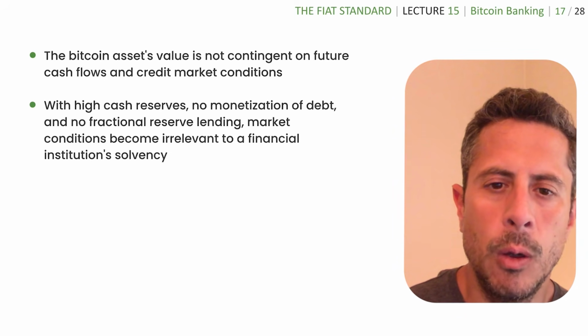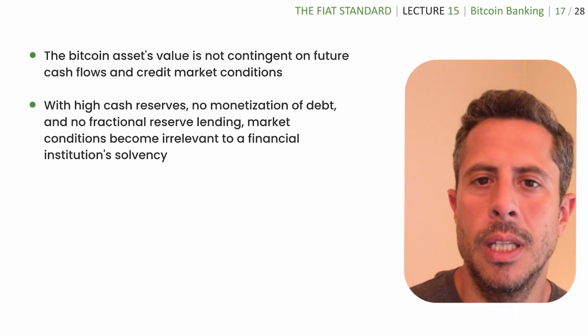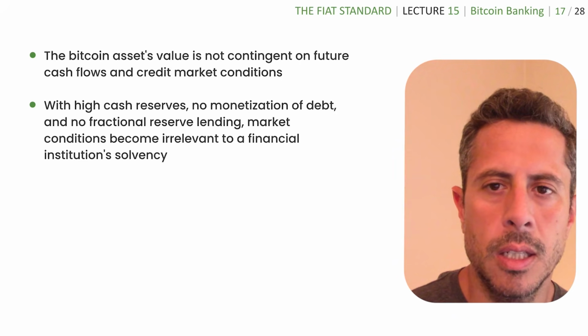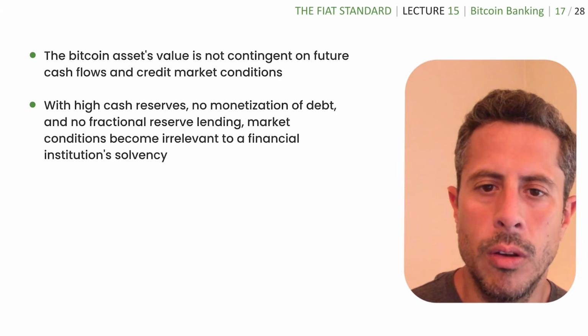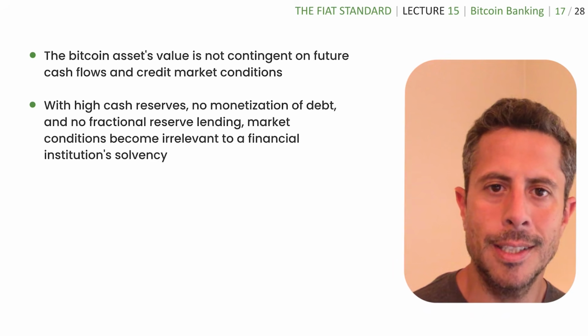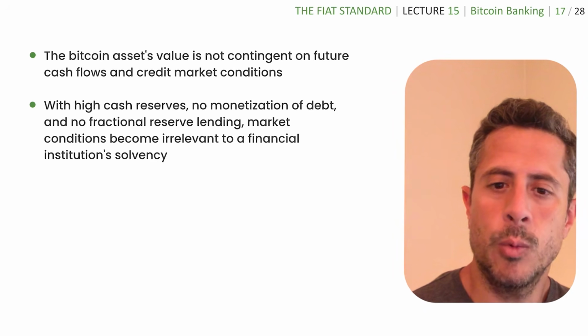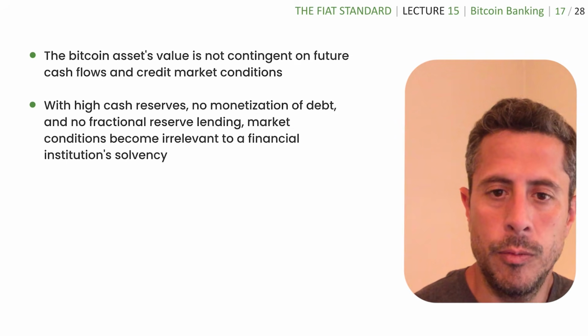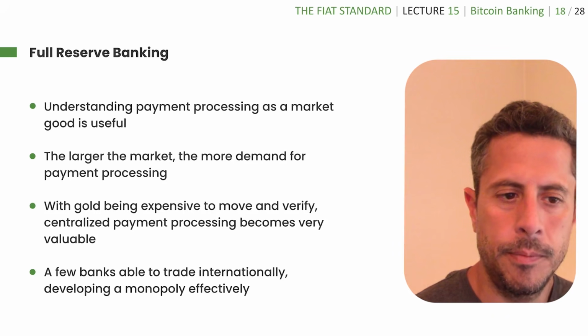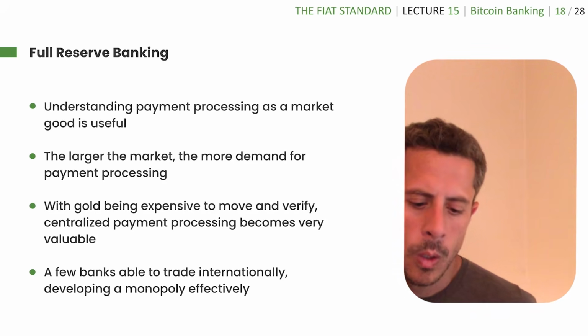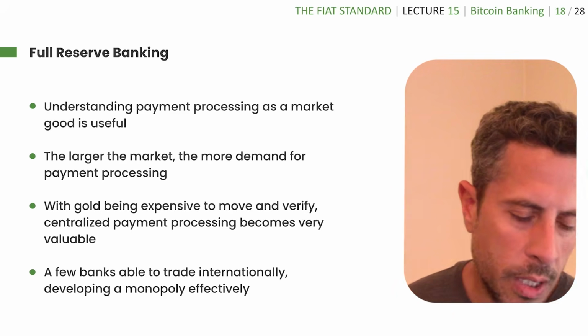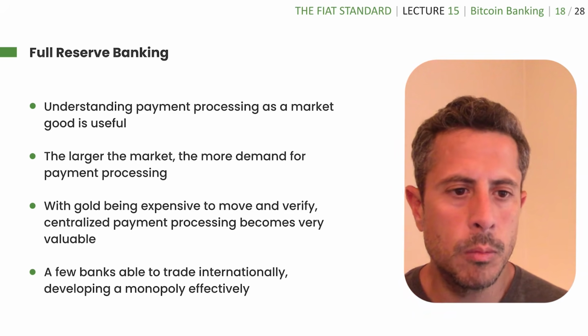In fiat, no matter how tightly you run your ship, if any other ship starts leaking, all the ships start leaking. They're all connected to one another because they're all built into this system where everybody is reliant on everybody else's debt. So this is why I think it would be an enormously more robust monetary system.